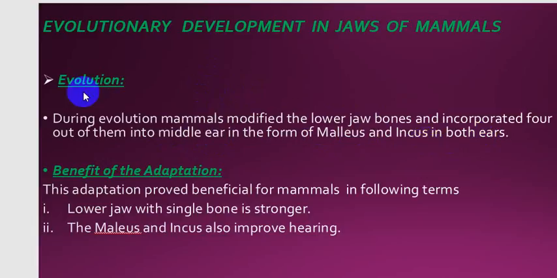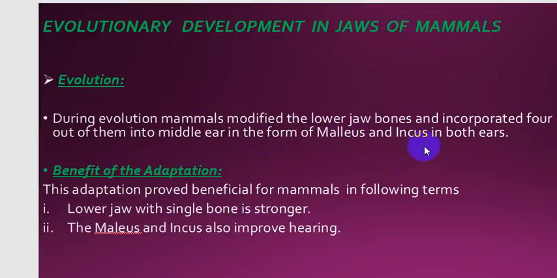This evolution of the jaws of mammals was beneficial, and this adaptation helps them in two ways. Number one, the lower jaw with a single bone is technically stronger.